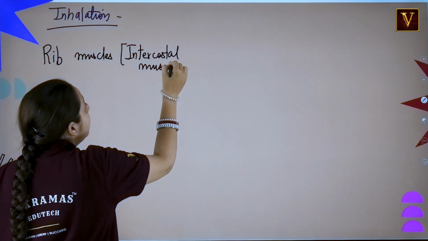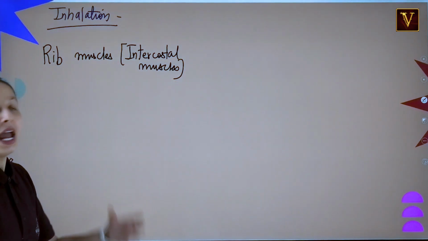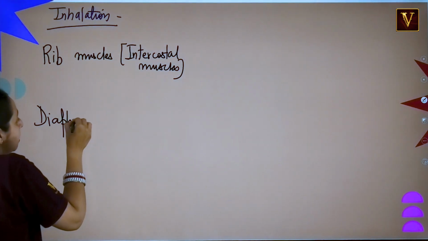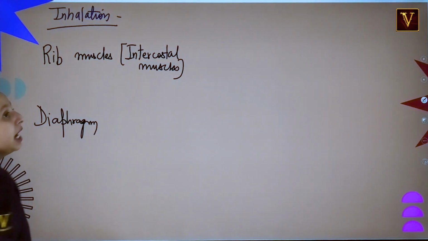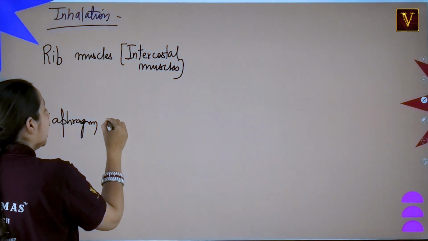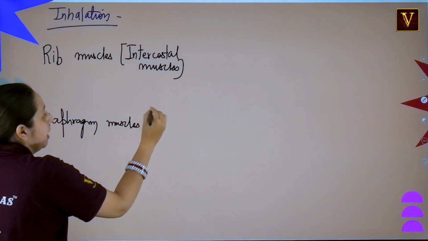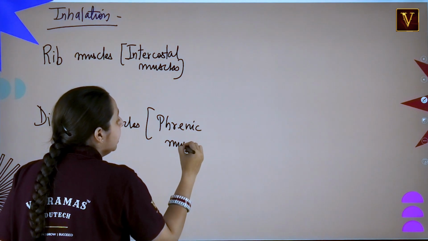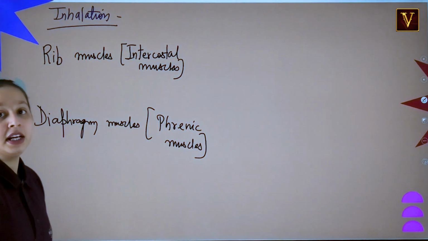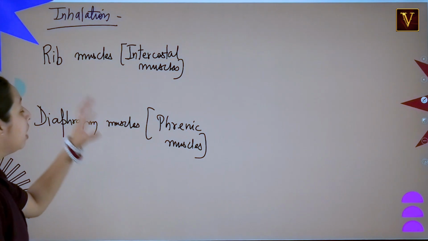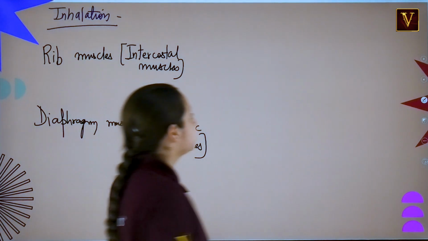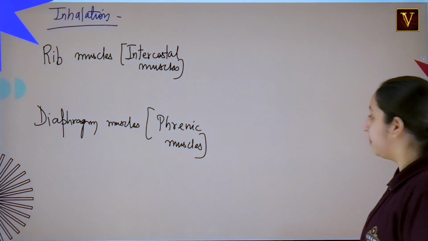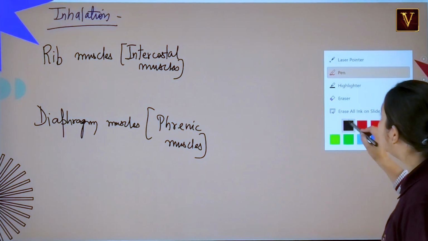One more muscle involved is the diaphragm muscle, also called the phrenic muscles. Got it? But before going into that, let's see where the diaphragm is and what it is exactly doing.